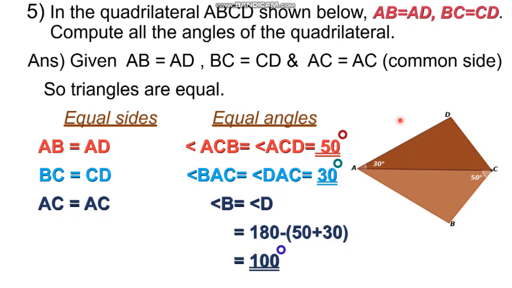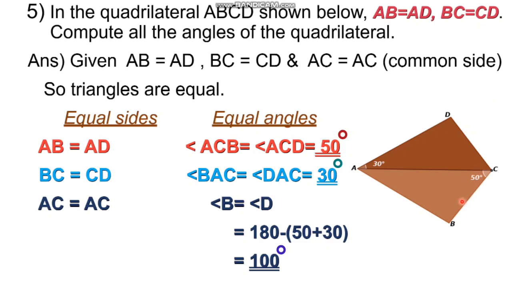Now, what are given? AB is equal to AD and BC is equal to CD. These two equal sides are given here. Look at that in the figure, AB and AD. These two pairs are equal sides. See, AD and AB are equal. And next one, BC and CD are equal.